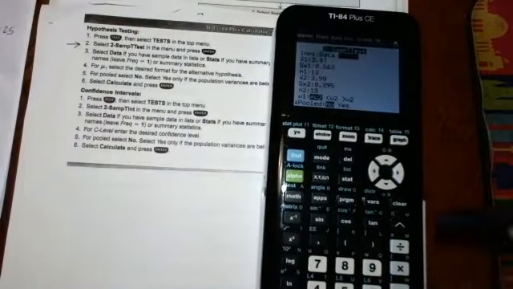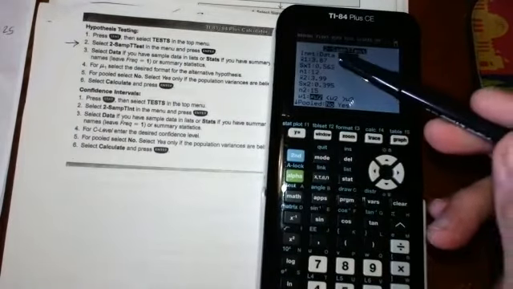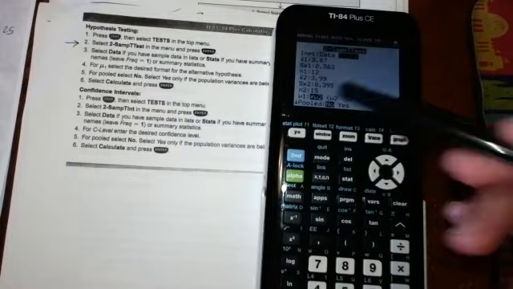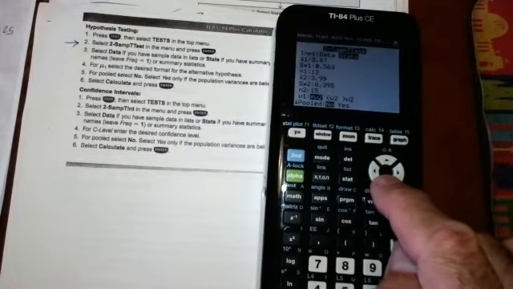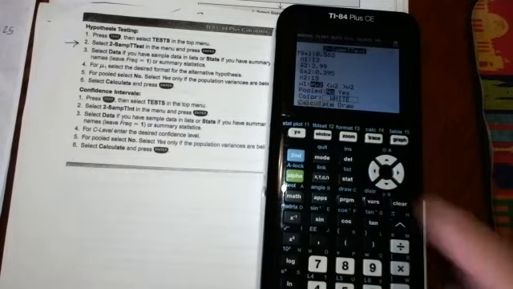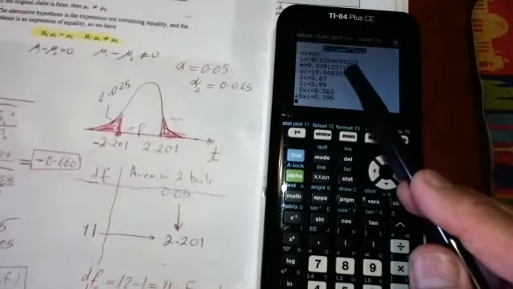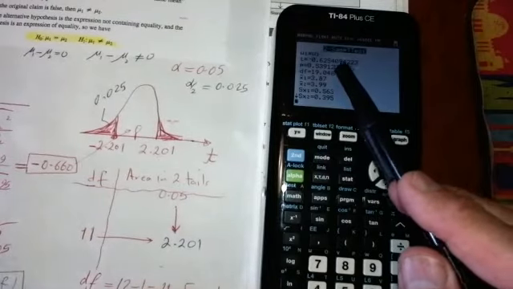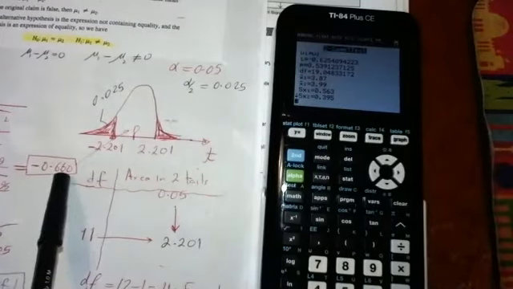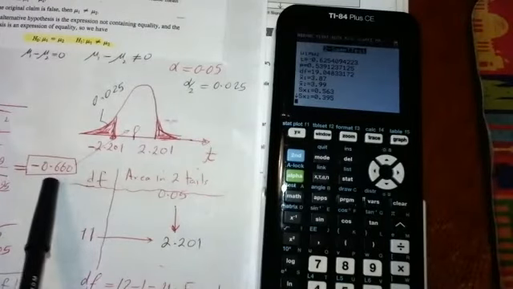And you input this information. You put X1, S1, N1, you have all this, and this is mean 1. Pooled or not means you pool the information from that. We don't need that. Calculate. So that gives you the t of minus 0.62, almost close to this one.